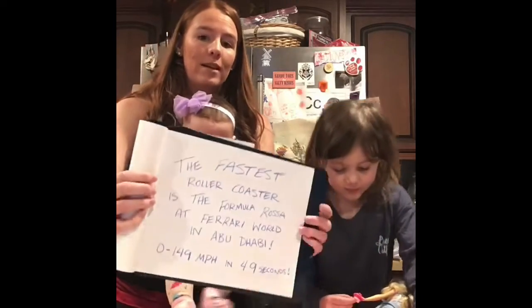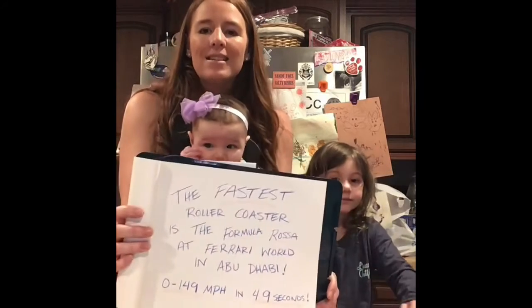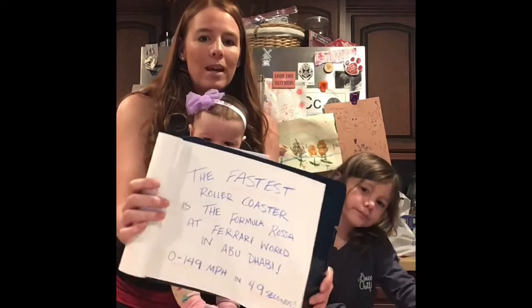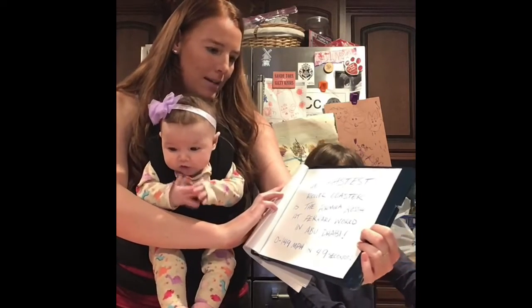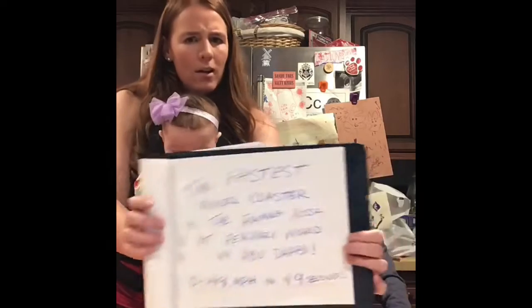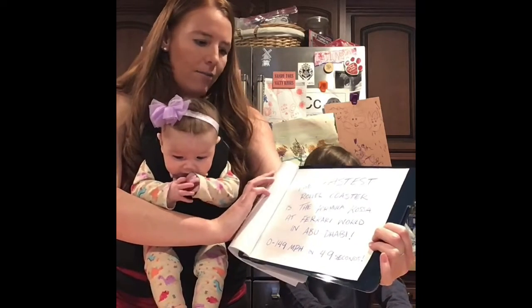Our last fun fact about roller coasters: the fastest roller coaster in the world is in Abu Dhabi, and that roller coaster's name is the Formula Rossa. I'm not really sure how that's pronounced. It is at Ferrari World.